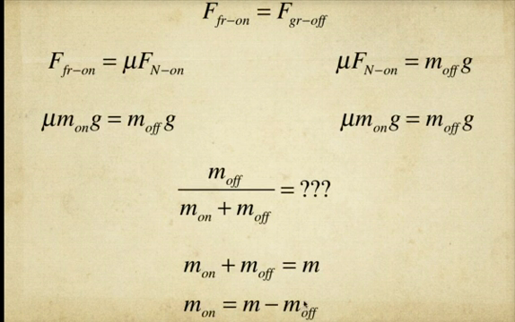Let me get back. What I'm going to do after this, I'm going to work with this equation right here. So this is 0.4, they gave it to you. This m on I'm going to replace with that, and then that will remain whatever it is. G, we can basically divide by G and get rid of it. So it will be mu times mass on equals m off, right?